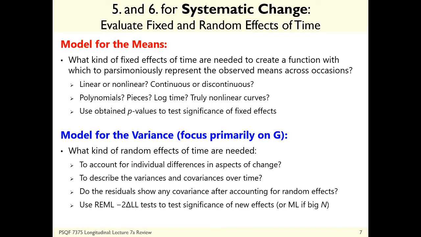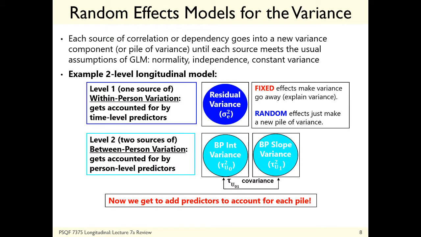So then if we have systematic change, we would go through the process that we did in Chapter 6, Example 6. Based on the pattern that you see in the saturated means model, and preferably an unstructured variance model to get a sense of that too, you can try out different fixed effects and figure out which of those need to be random. You're building the model focusing on G, the level 2 variance components.